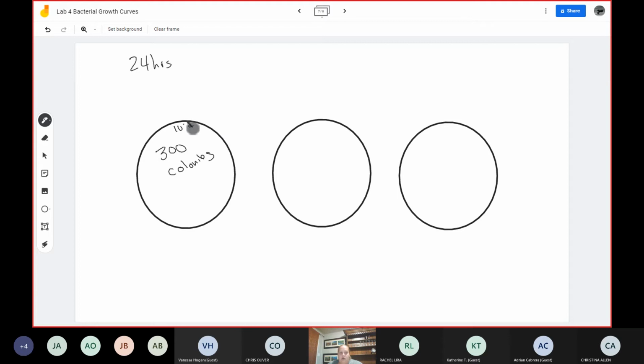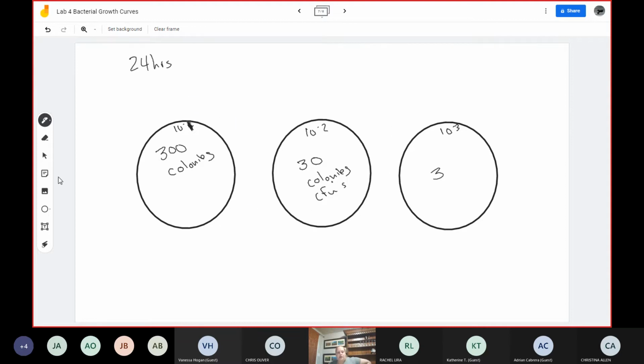This would be 10 to the minus 2. And so if there was 300 on this one, we would only expect there to be 30 colonies, or CFUs, colony forming units, on this plate. And again, if we went to here, we would only expect that there was 3.